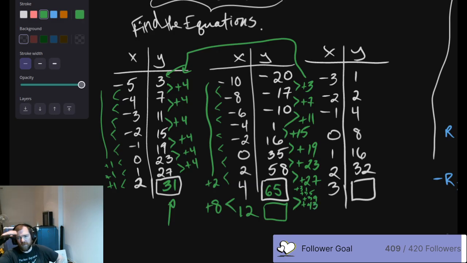So then I have to add all those up and then shift in. Start with 65, add 31 is going to be 96, 131, 170, 213.